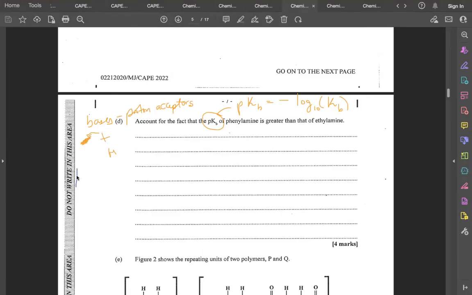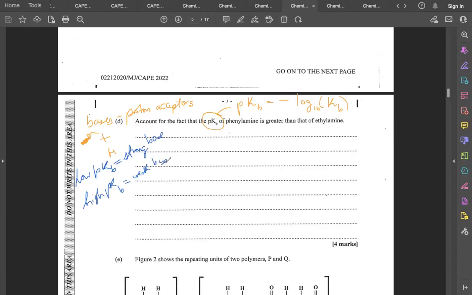In the same fashion, a low pKb corresponds to a strong base, and if we have a high pKb, we have a weak base, right?